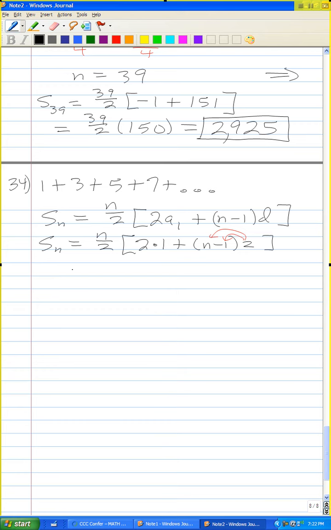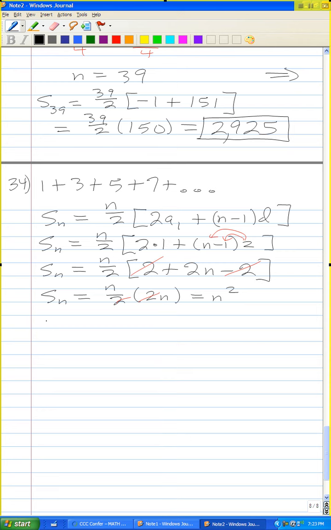And so I get S of n is equal to n over 2 times 2 plus 2n minus 2. The 2's cancel. So you get S of n is equal to n over 2 times 2n. The 2's cancel. So you get n squared.